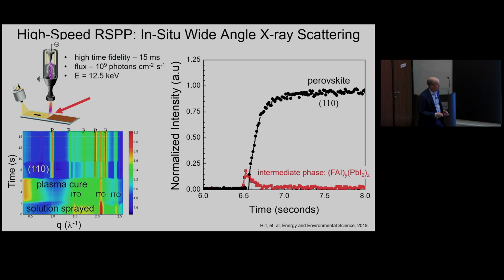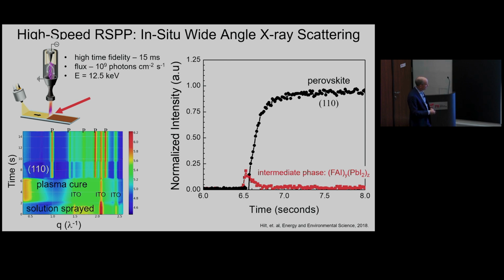Okay, so we've studied this for a long time, and one of the things that we did was to take this whole plasma system up to SLAC, the linear accelerator complex, and actually do in situ wide-angle X-ray scattering. And you can see here is the result. This is the Q vector over here. Here's time, in seconds.